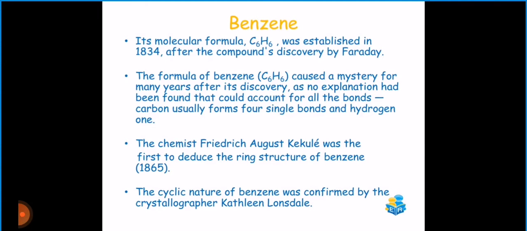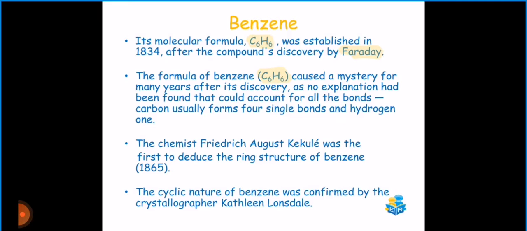So benzene has a molecular formula of C6H6, and it was established in 1834 after the compound's discovery by Faraday. The formula of C6H6 caused mystery for many years after its discovery, as no explanation had been found that could account for all of the bonds.